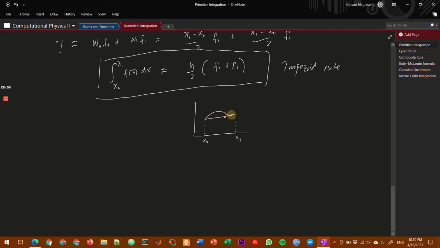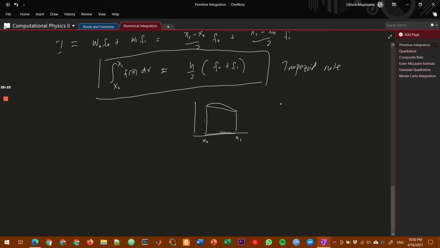If i-connect na siya, it's like you have a trapezoid, or para mas klaro, you have your function here. It's like a trapezoid, right?